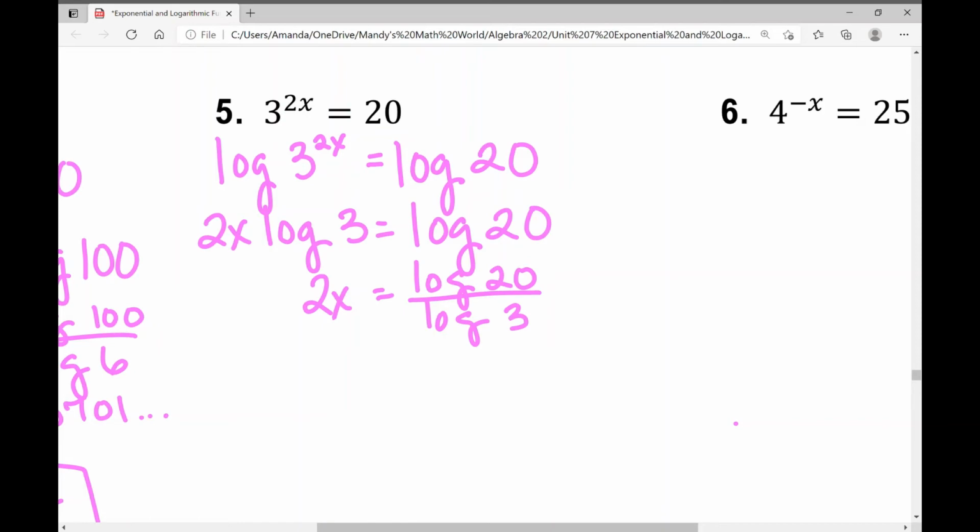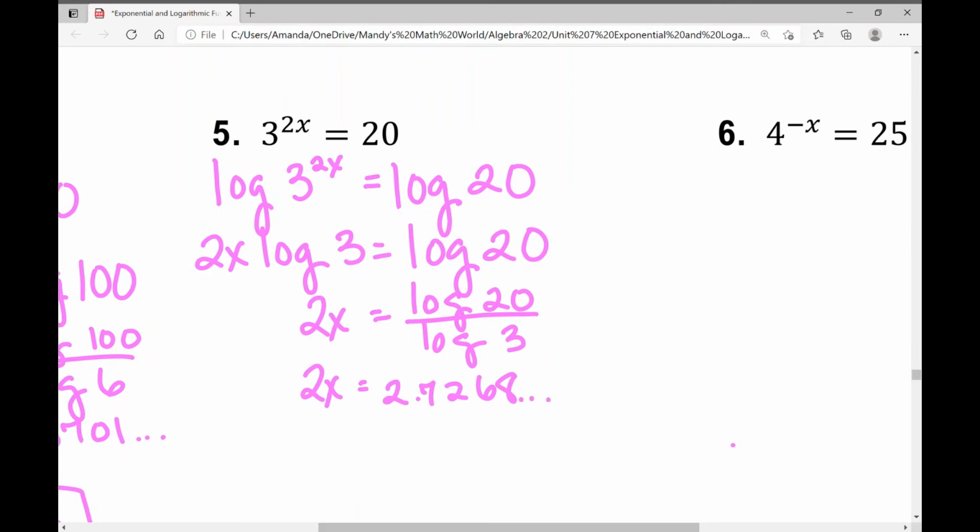So now you're going to plug in log of 20, close parentheses, divided by log of 3, close parentheses. And what do you get? You get approximately 2.7268. It keeps going. And now I'm going to divide by 2. And you're not going to change anything. Just plug in divided by 2, and it should say ANS, answer divided by 2.